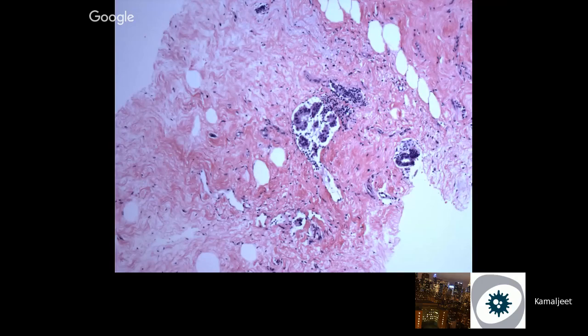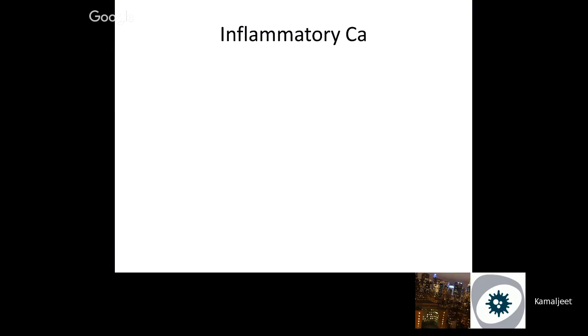Okay. Well, I'll just repeat what I said. Finding atypical ductal hyperplasia in a setting of gynecomastia is extremely rare.